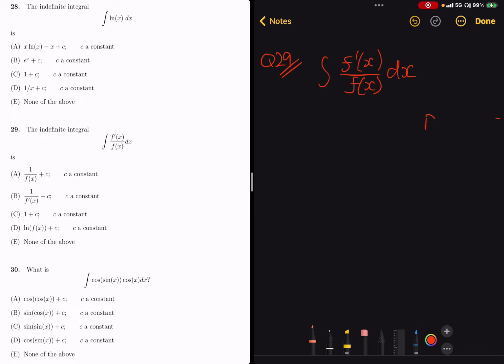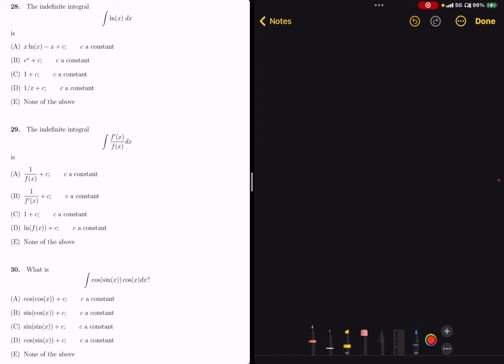So this is d. Whenever you have a derivative over a function and you're taking an integral of that, it's going to be the natural log of the function, or the natural log of the absolute. In this case, natural log of the function and natural log of the absolute work in the same way. So D is the answer to this question.